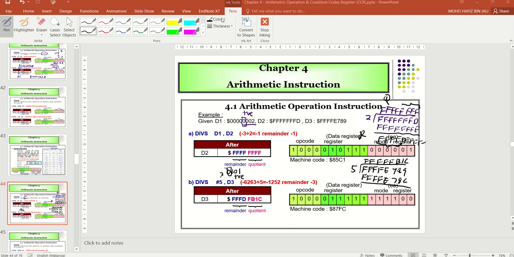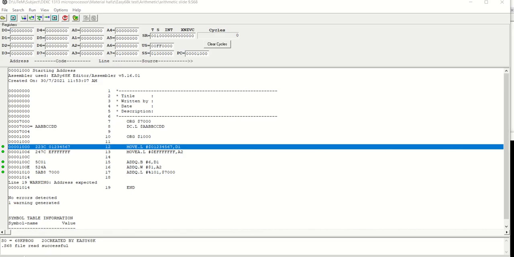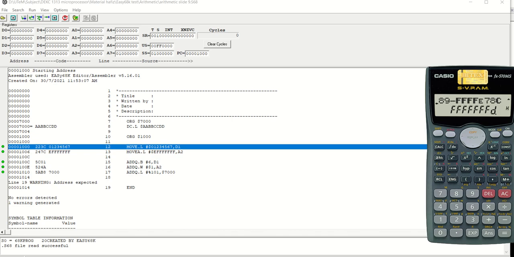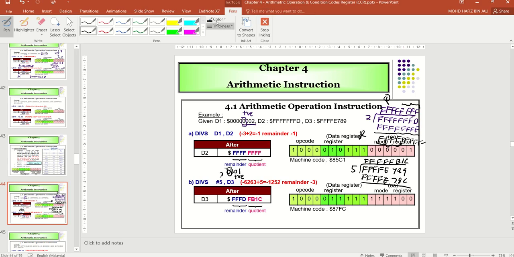Okay, so the lower word is FFFD. For the quotient, you need to take this one, FB1C, and put it in the quotient.